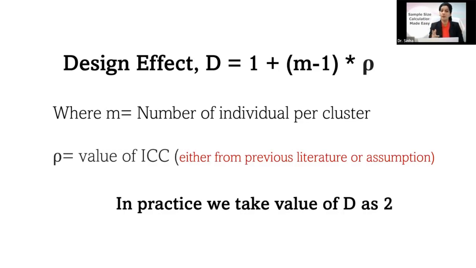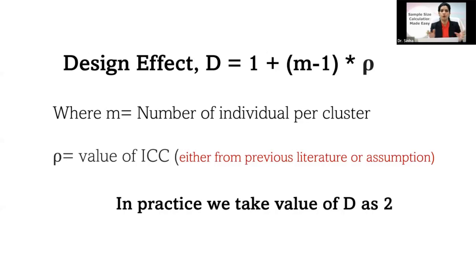M is the number of individuals per cluster, like we say the cluster size. Like if you select a school, how many students you are going to take from that school: 10, 20, 30, 40. So M is the number of individuals per cluster, and rho is the value of ICC. You can take it from the previous literature or you can assume.